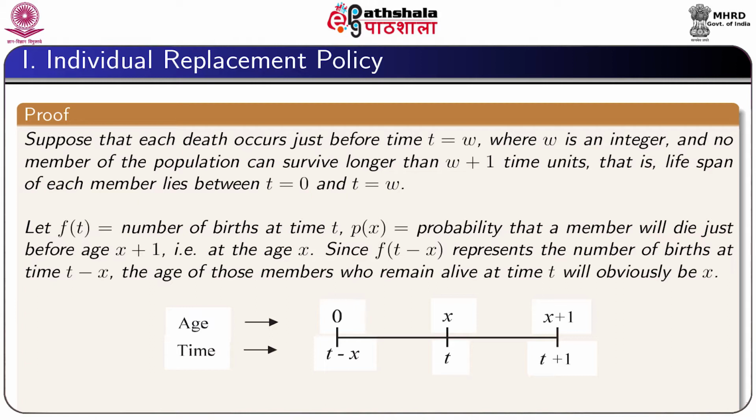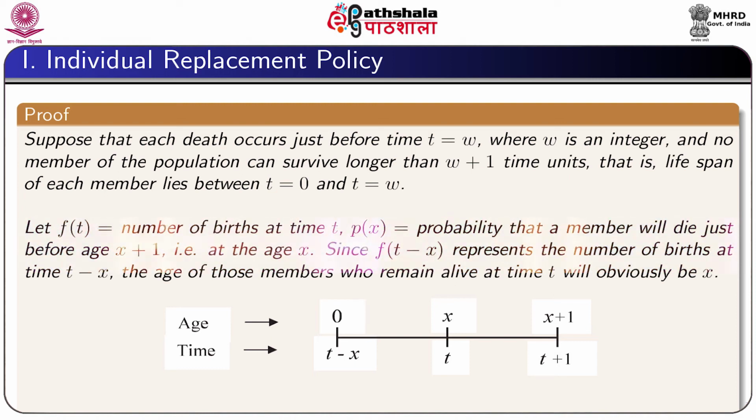That is, the lifespan of each member lies between 0 and w. Let f t be the number of births at time t and p x be the probability that a member will die just before age x plus 1, that is at age x.